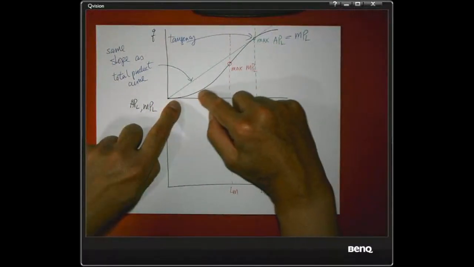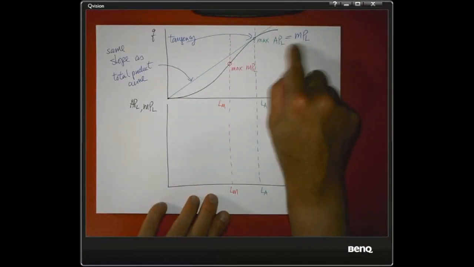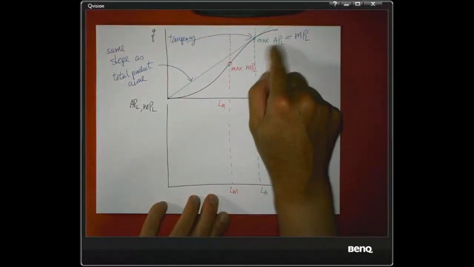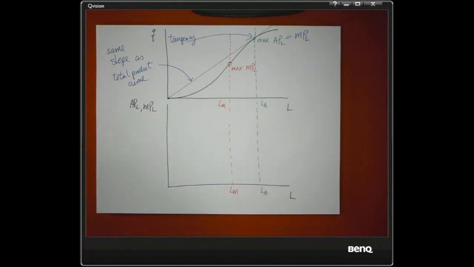The slope of the total product curve is the marginal product. And now we see that when the average product is reaching the maximum, it equals the marginal product. We get one connection between the two, and we need more.